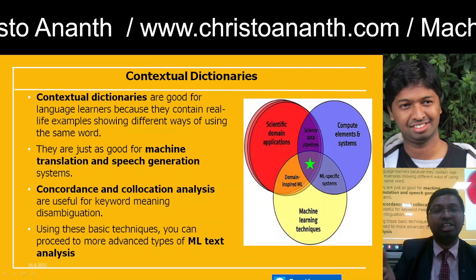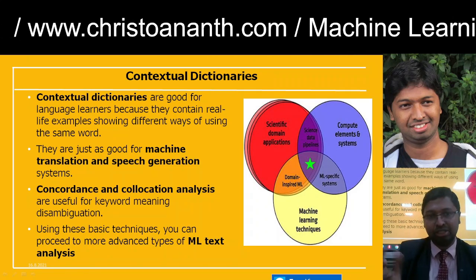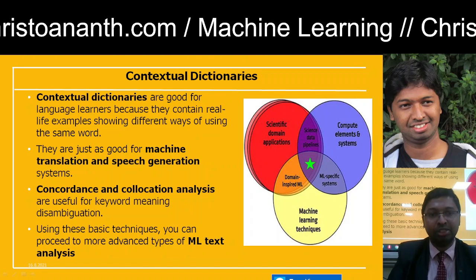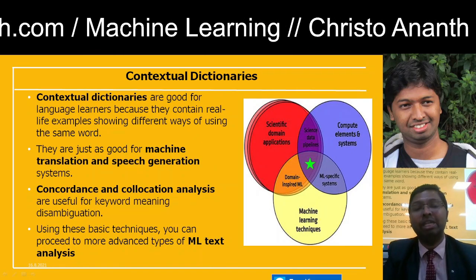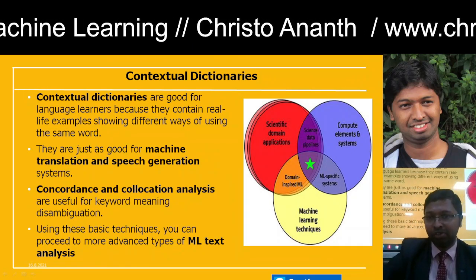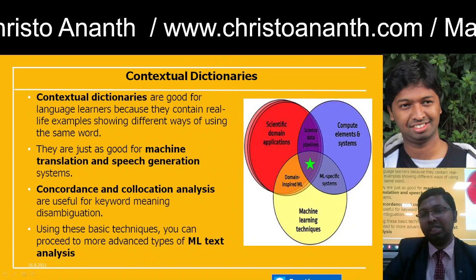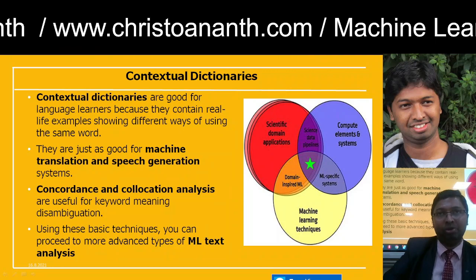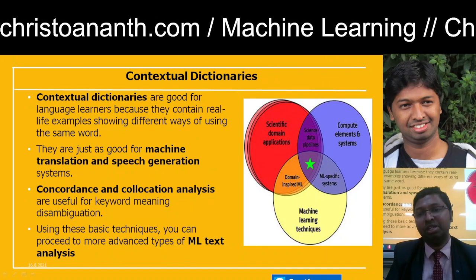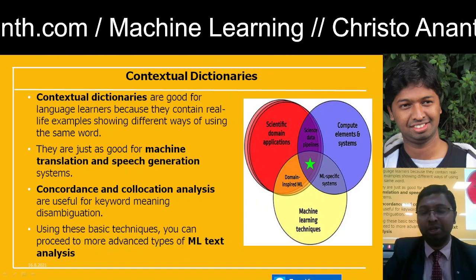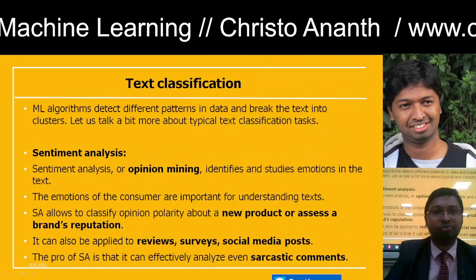Concordance and collocation analysis can be used for keyword meaning disambiguation, and for this you will use YAML text analysis. Through machine learning techniques you can overlap the YAML specific systems and the domain inspired machine learning.